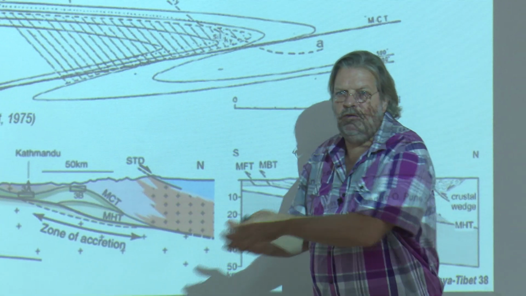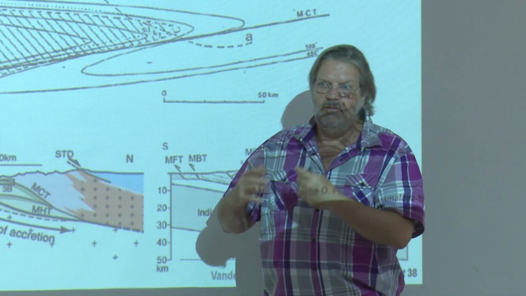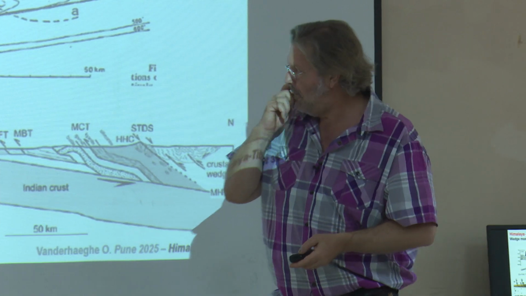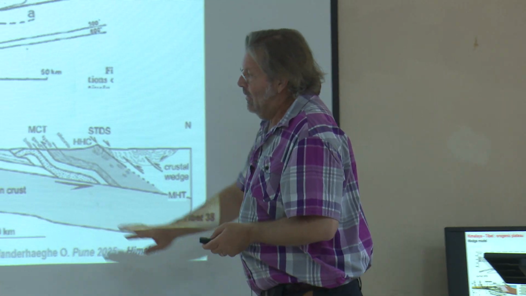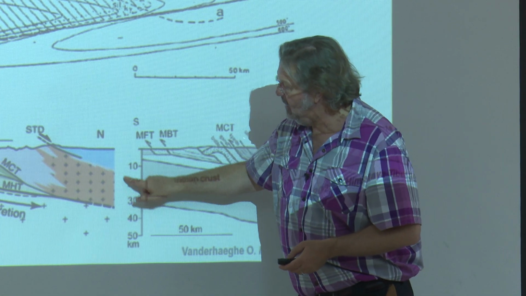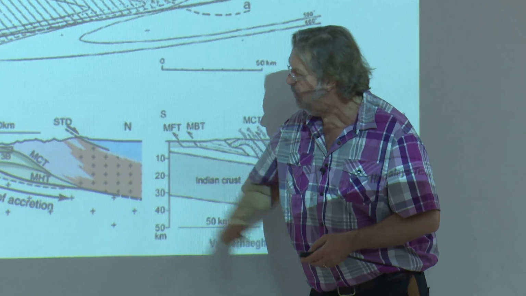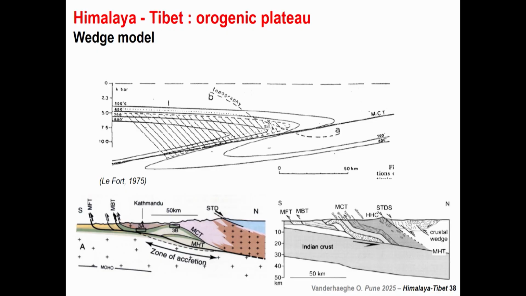The metamorphic gradient is the fossil inverted thermal gradient. Well, in this model there's a gap that is open here. Here you see the South Tibetan detachment doesn't reach the MCT. It's not clear what's happening, but we'll say, okay, maybe it's not that simple.